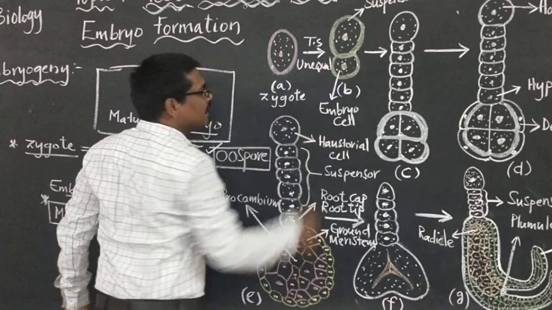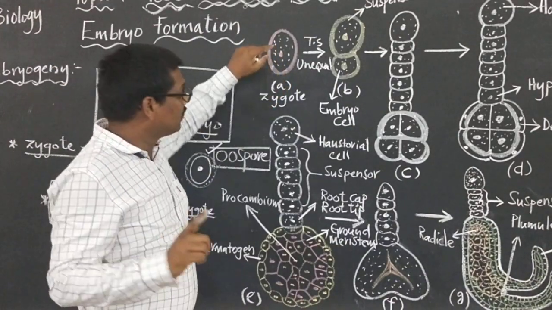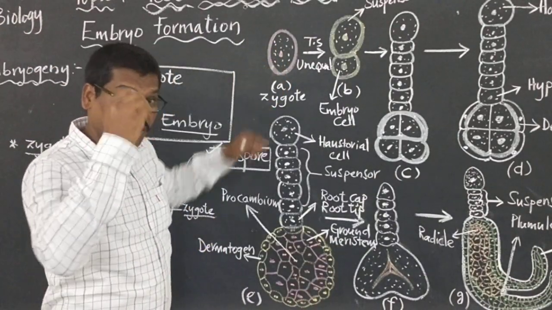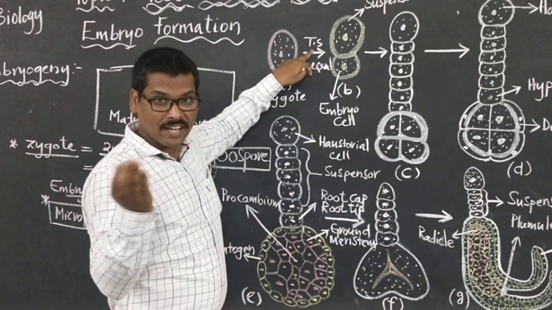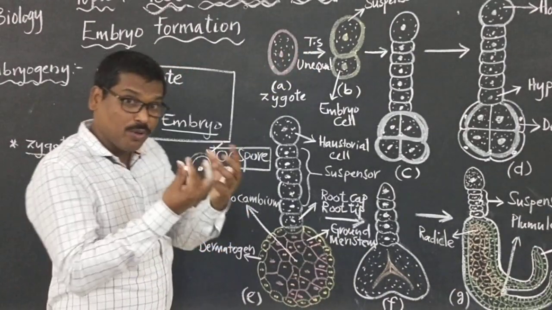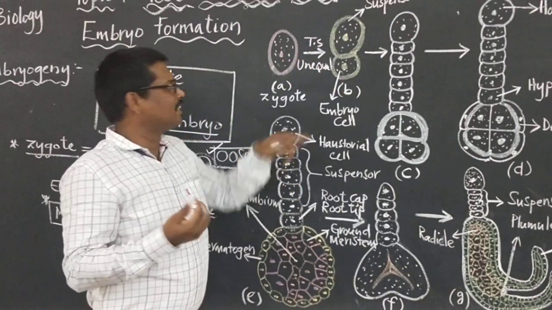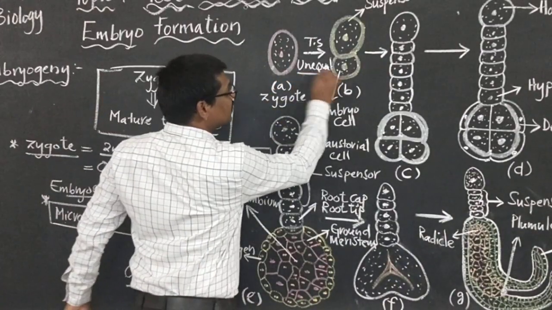The zygote is undergoing what type of division? Is it longitudinal or transverse? It is transverse division. Is it producing equal cells or unequal cells? It is producing unequal cells. That is very, very important.